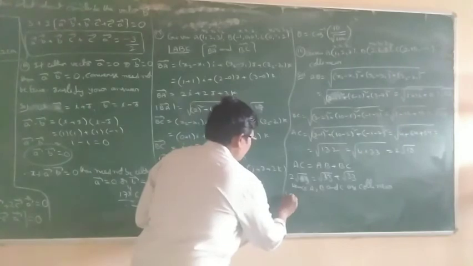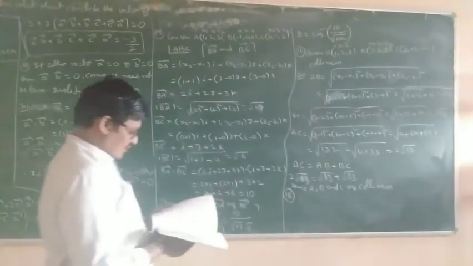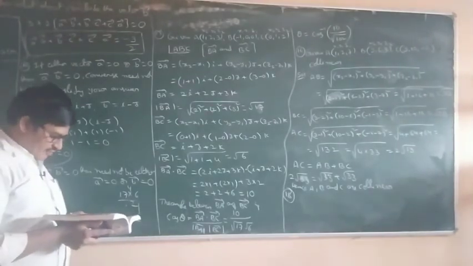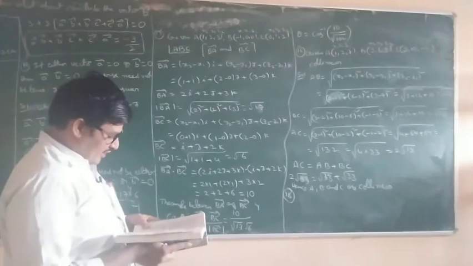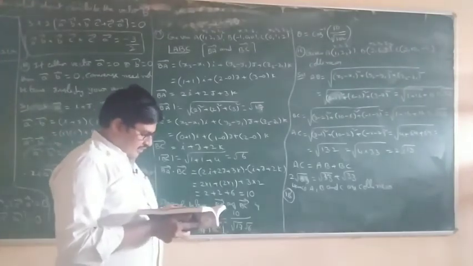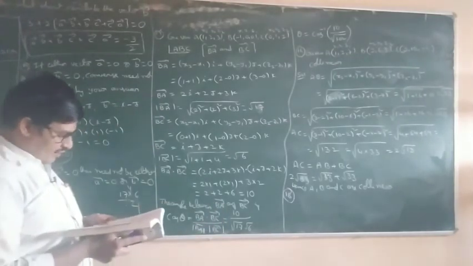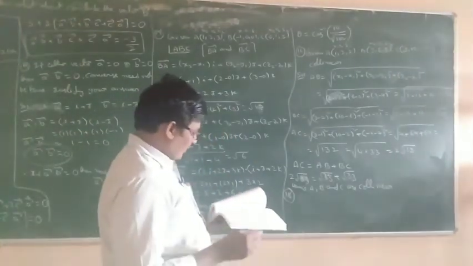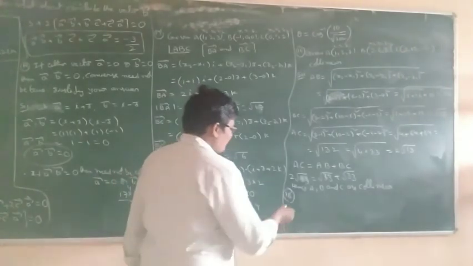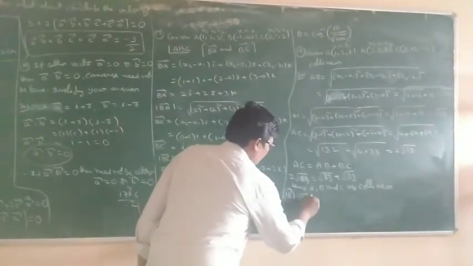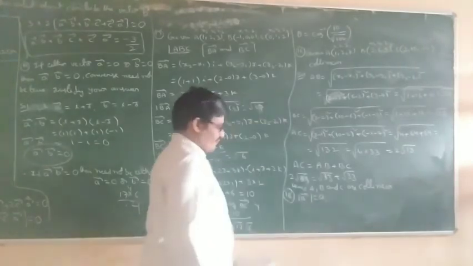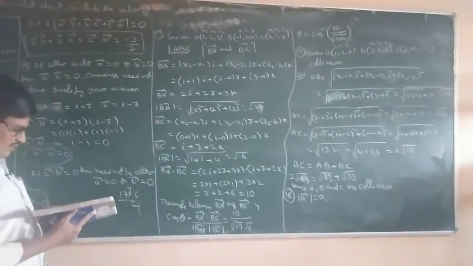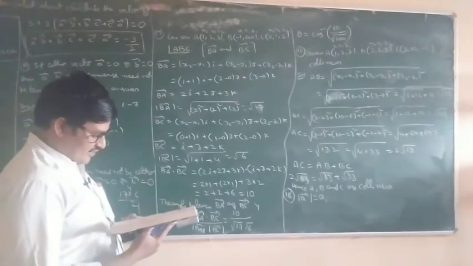So the last, 18th problem in our exercise. If a bar is a non-zero vector of magnitude a, and lambda is a non-zero scalar, then lambda a bar is a unit vector.